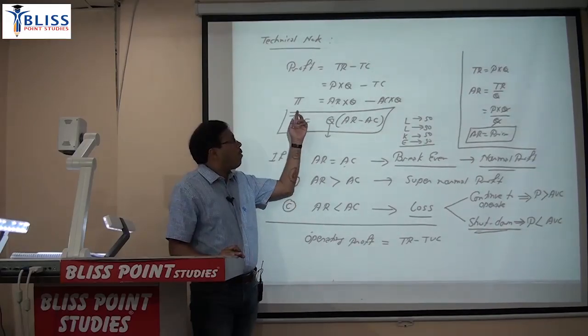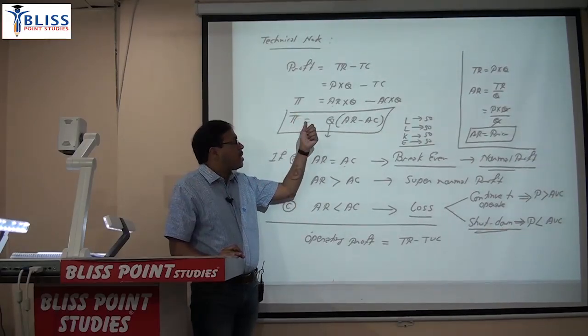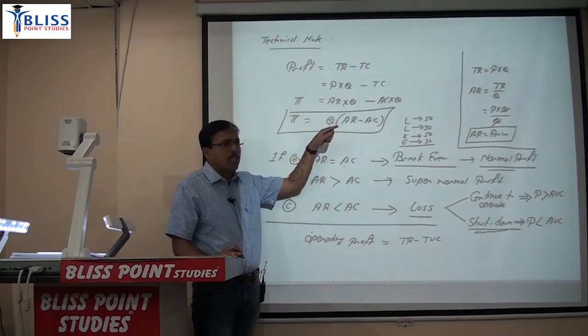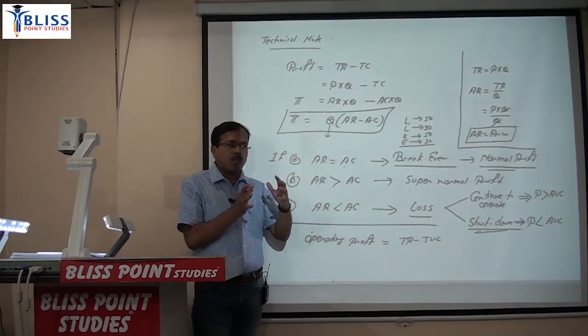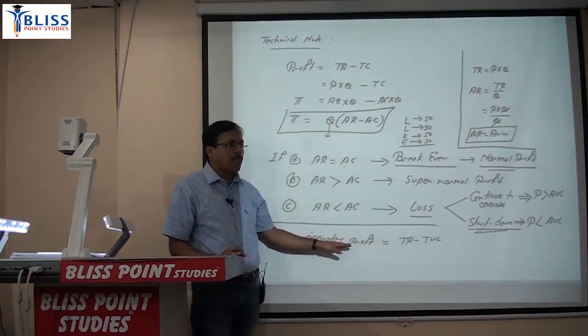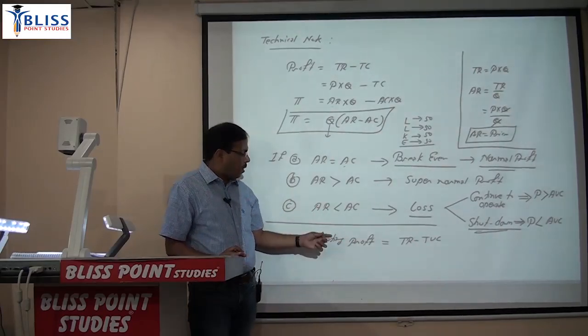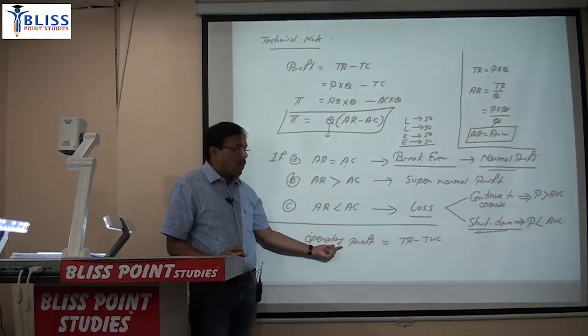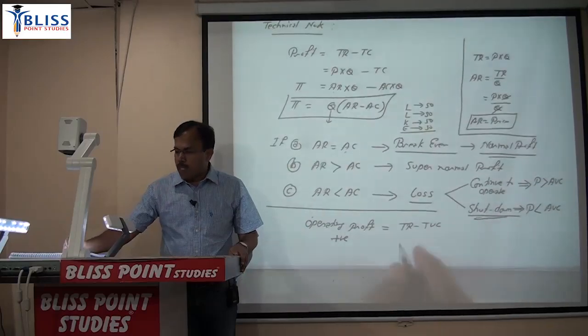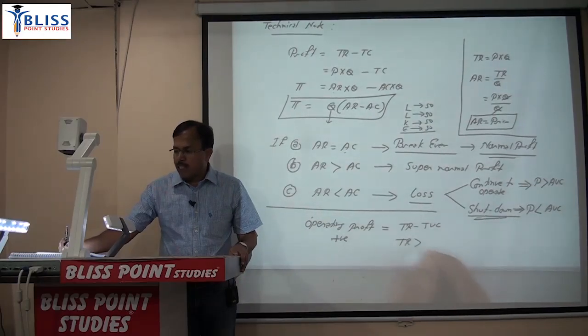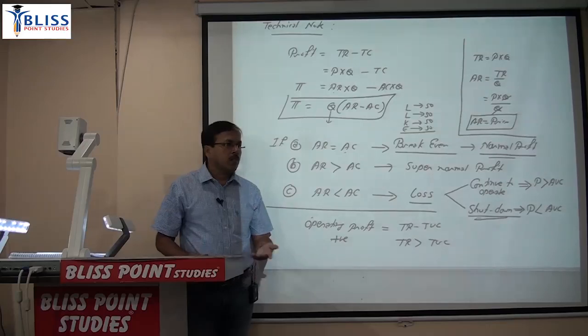And what was the overall profit? Overall profit is basically TR minus TC. But when you subtract TC, you subtract variable and fixed both. And here you have subtracted only variable cost. Now, if operating profit is positive, it means TR must be greater than TVC, only then the number will be positive.